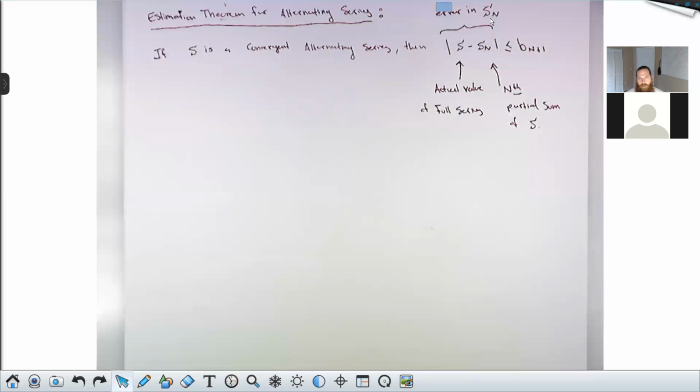This tells me that my error in my nth partial sum is no greater than the next term of the series. The estimation theorem here is used to tell you how large of an n you need in order to get your Sn close to S.